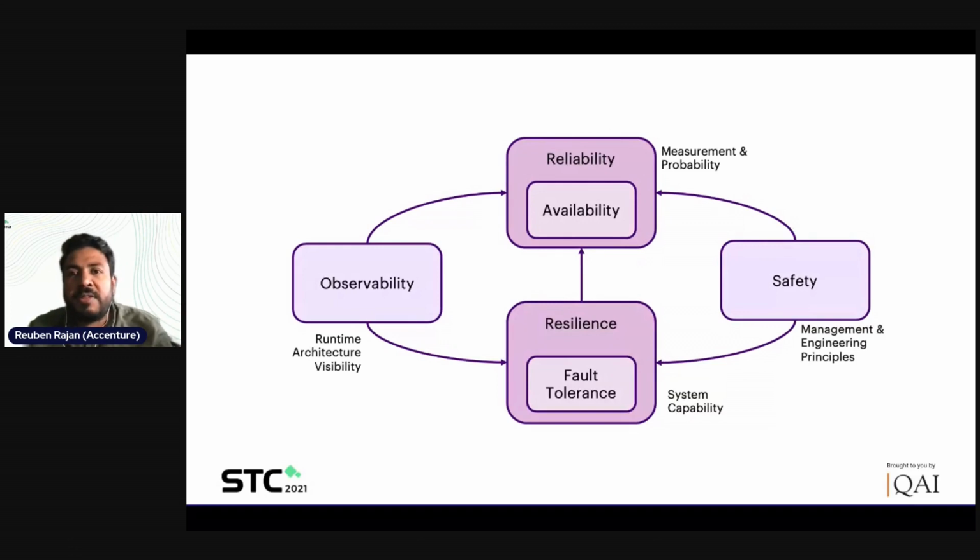And safety, so all of the system reliability and system resilience topics and attributes come under software safety, system safety. Many of the things I'm going to talk to you about in the coming slides are picked up from software safety approaches, and these have been a well-established discipline since the 60s.